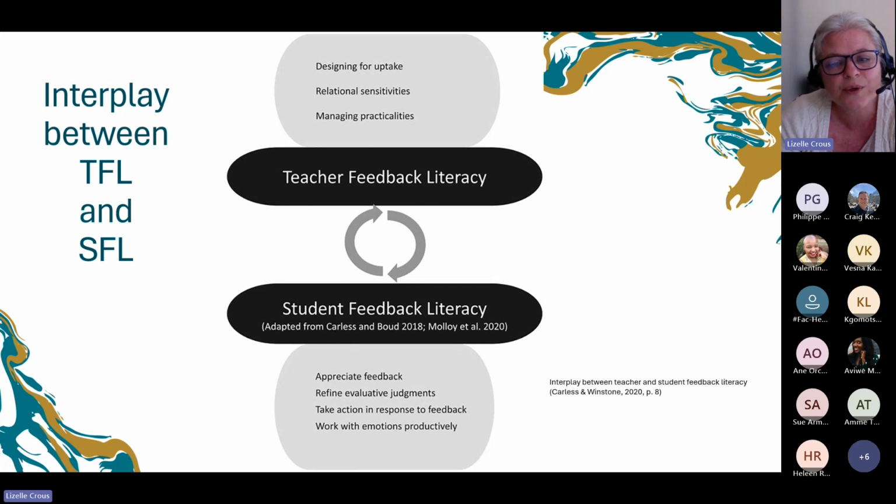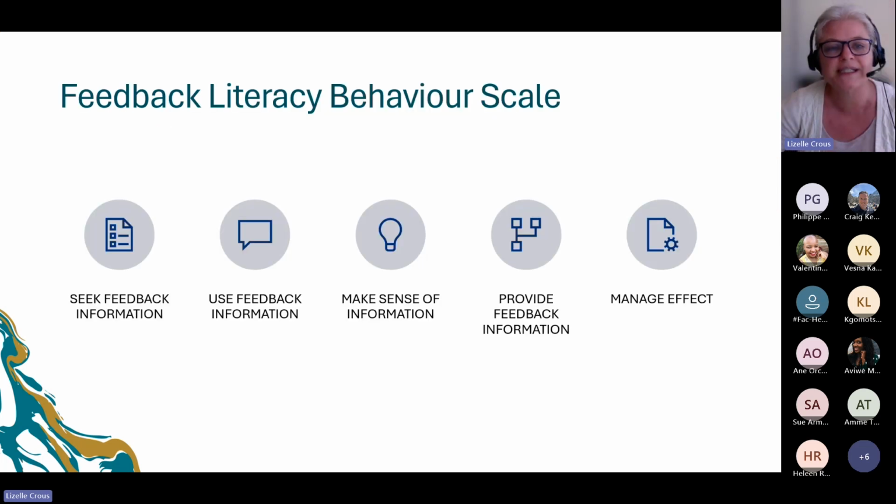So to understand what students do in feedback, Dawson et al. created a tool that can be completed by students to give them some indication of their progress, which asks them some reflective questions. They developed this feedback literacy behavior scale.